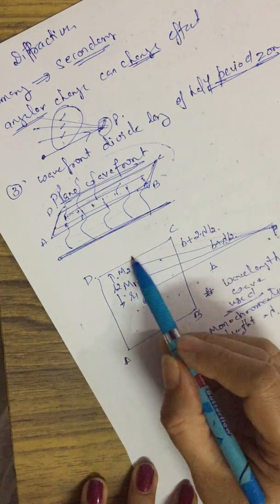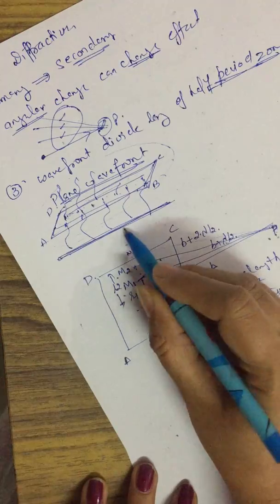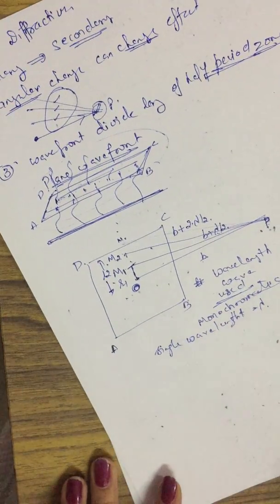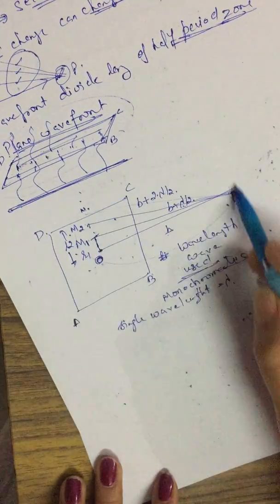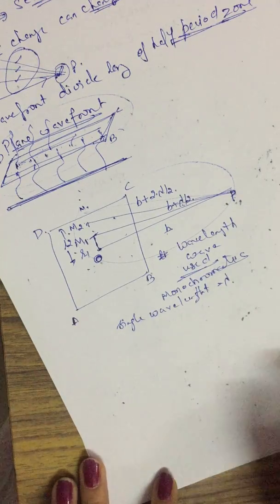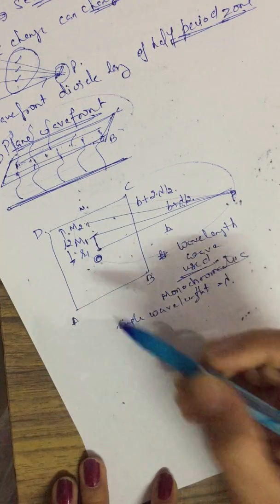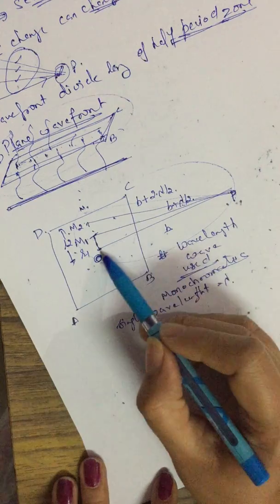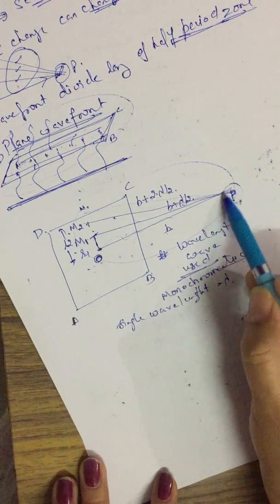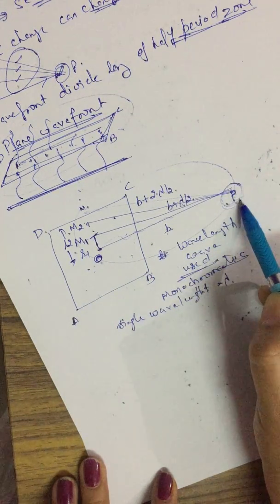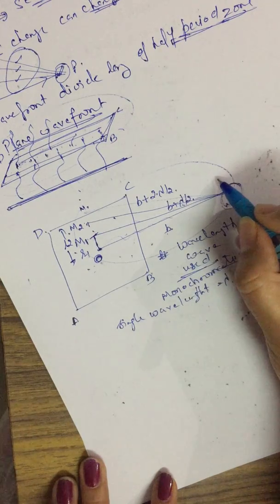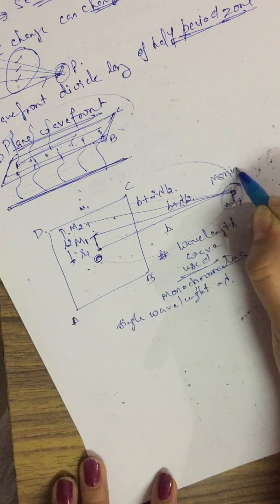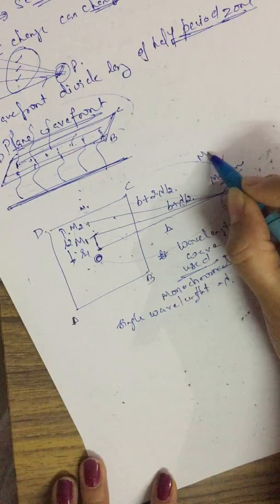Now take other similar points M2 up to Mn and so on. Why are we using this? Because we want to find out the effect of these waves which are coming to the point P, whether we will obtain here maxima or minima.